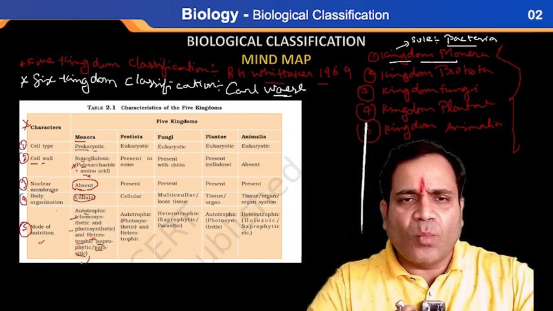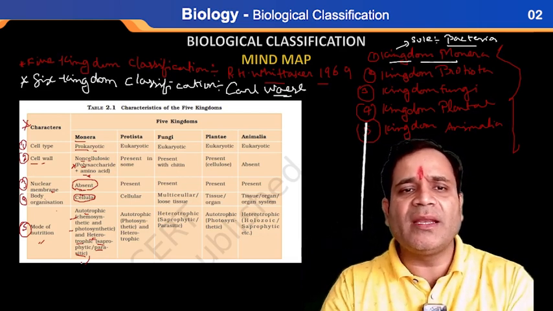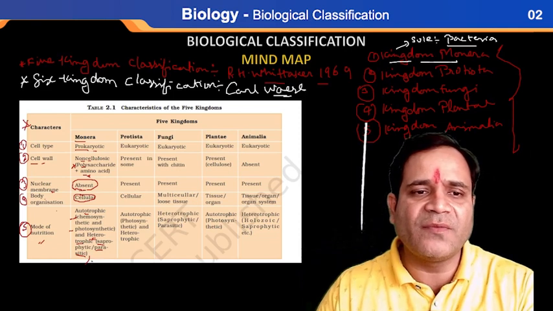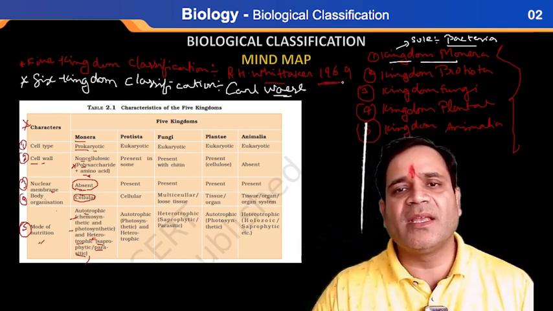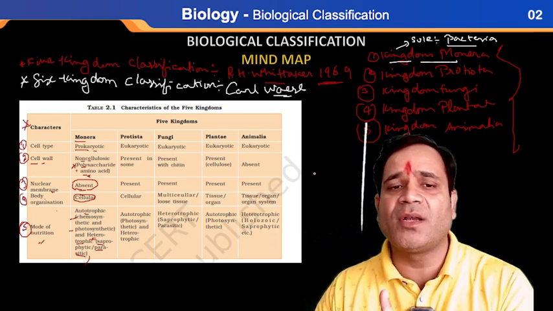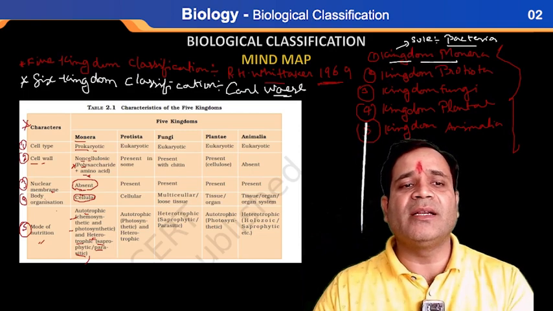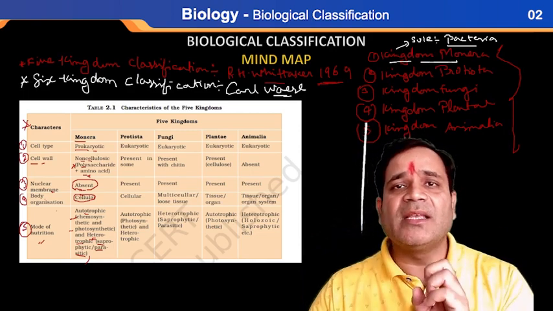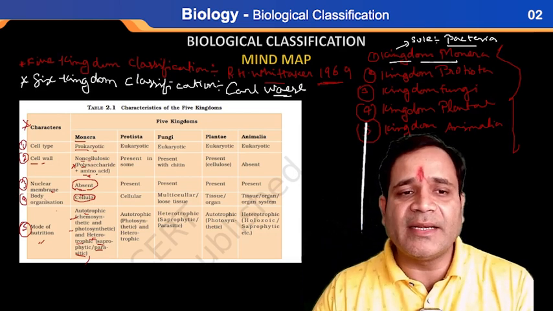So see, this thing is very important to know here. Okay, so in the five kingdom classification, according to R.H. Whittaker in 1969, this year is very important to know. So in the five kingdom classification, the kingdom Monera has cell type prokaryotic, cell wall non-cellulosic, made up of polysaccharides and amino acids.